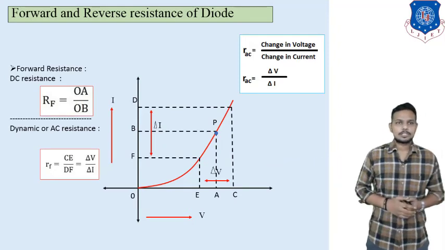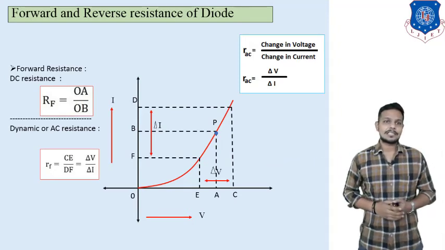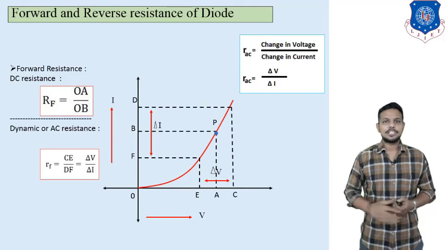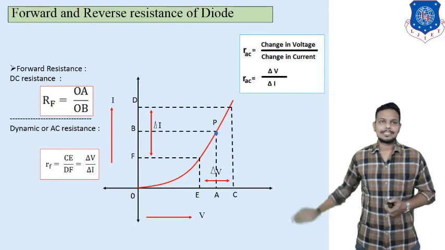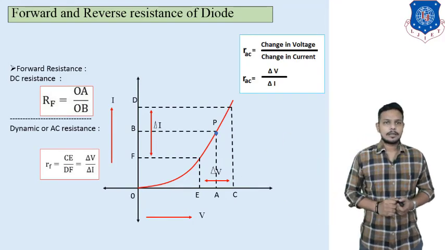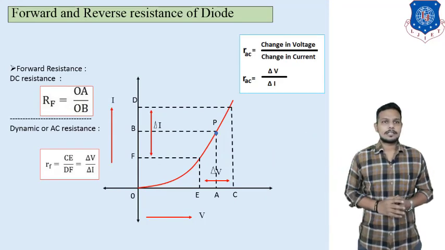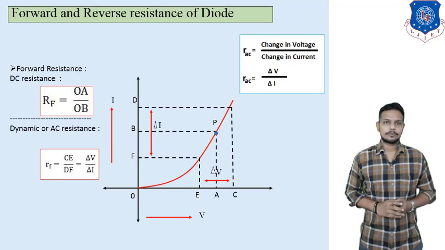So the AC resistance RF is the ratio of the change in voltage upon the change in current. So this is the forward resistance, or we can say the AC resistance of a diode.